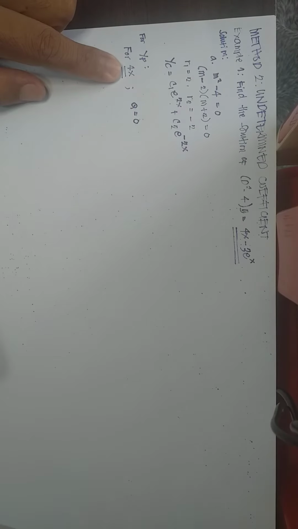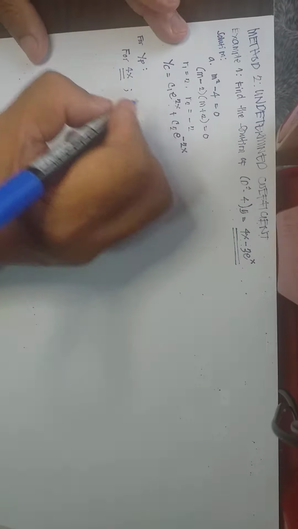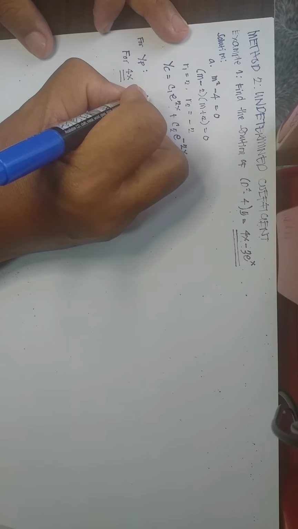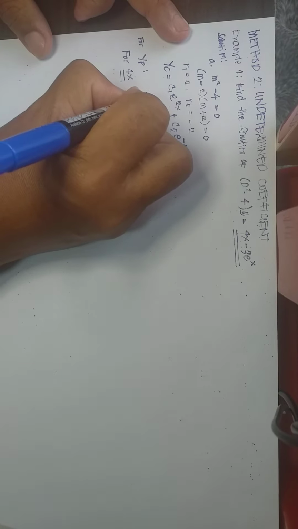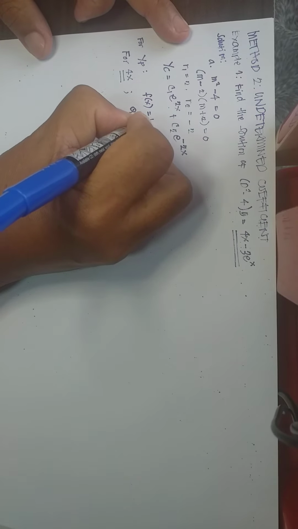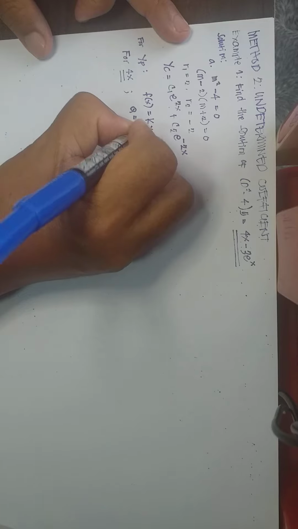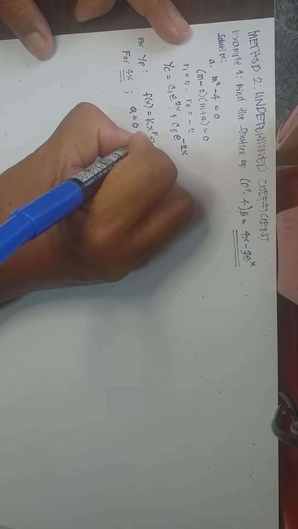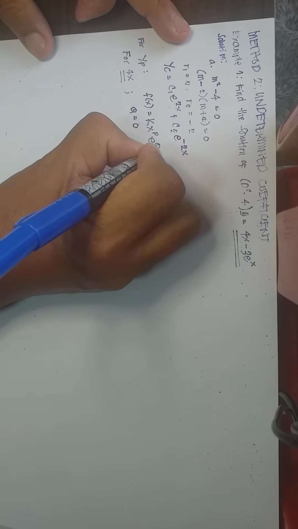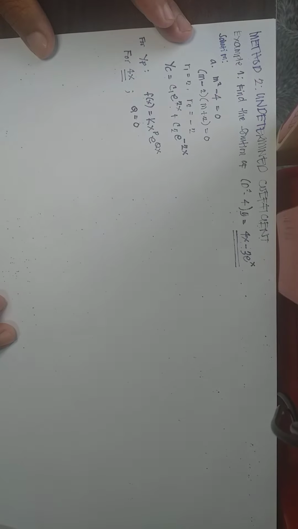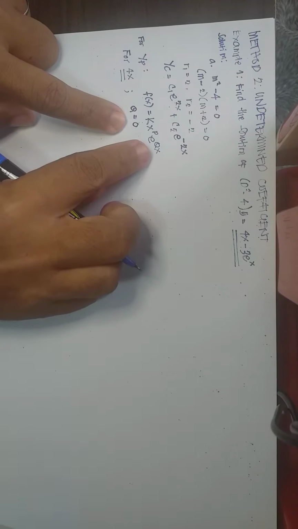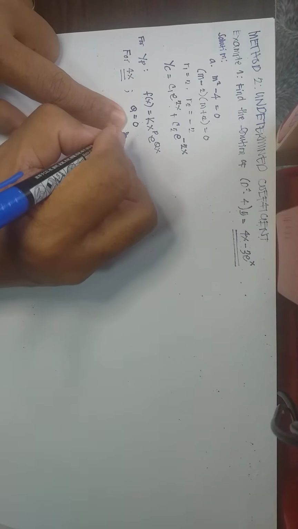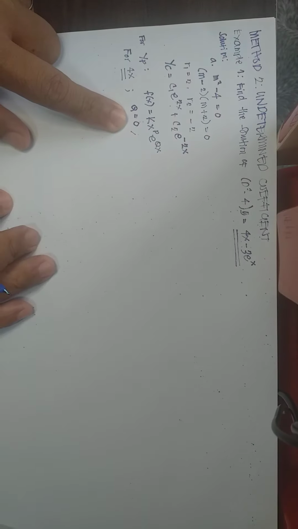Maliwanag? Kasi sa rule number 1, the function of x is equal to kx raised to p e raised to qx. Pero dito sa 4x, wala tayong q dahil wala naman tayong e. So q is equal to 0. Okay?